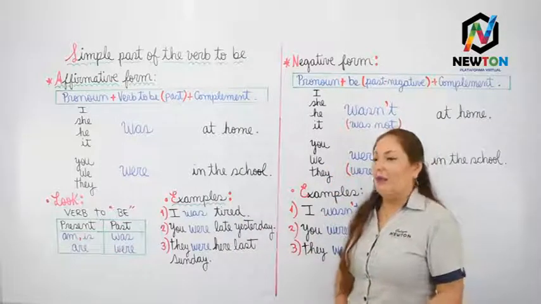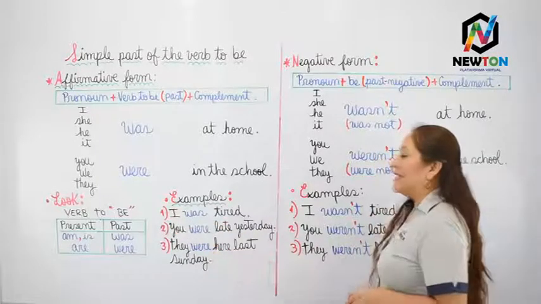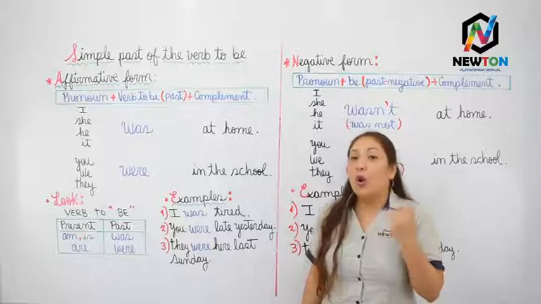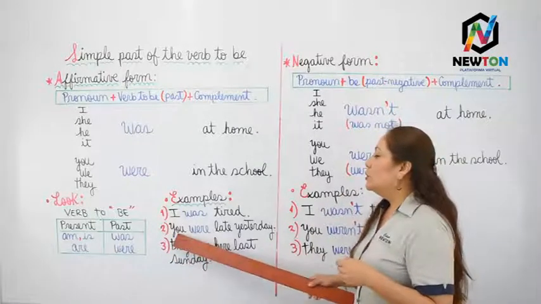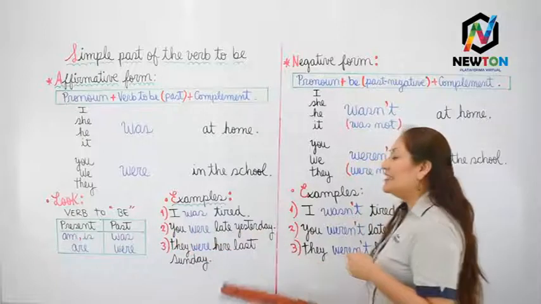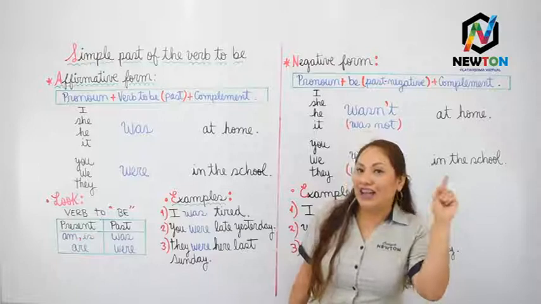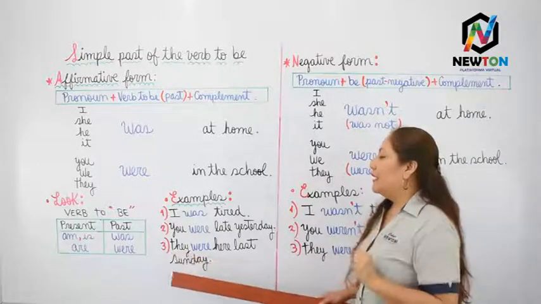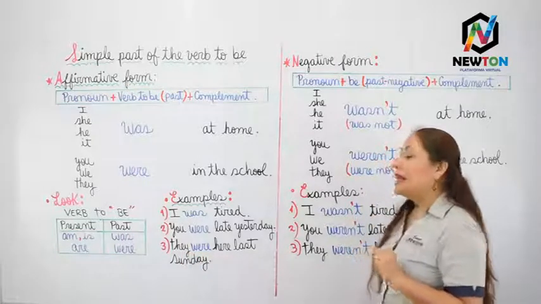Aquí tienes ejemplos. Number 1. I was tired. Yo estuve cansado o cansada. Number 2. You were late yesterday. Tú estuviste tarde ayer. Tiempo pasado. Number 3. They were here last Sunday.